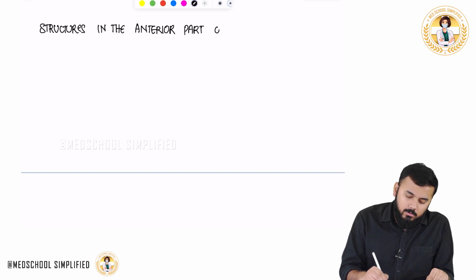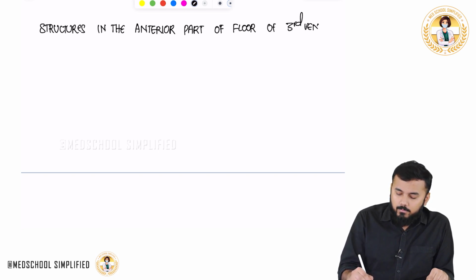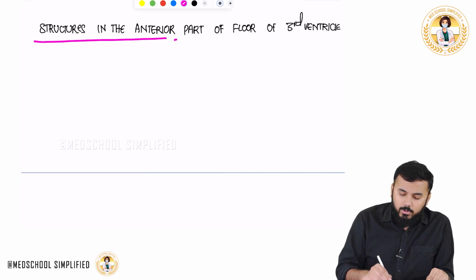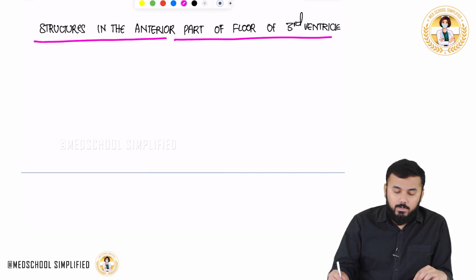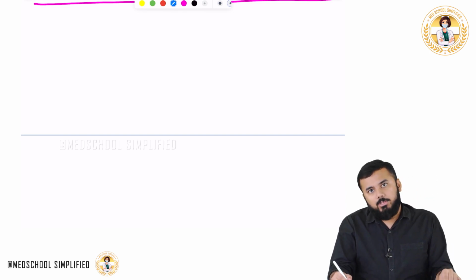So what are the structures that are located in the anterior part of the floor of the third ventricle? First of all, let me write down the structures and then I will draw the pictures, okay.